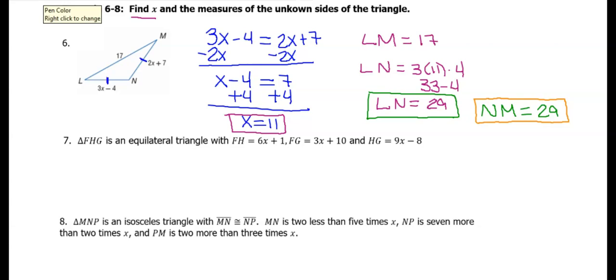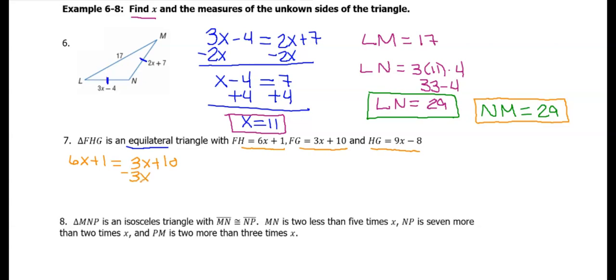On number 7, we have an equilateral triangle, which tells me that FH here, that's 6x plus 1, would be equal to FG, which is 3x plus 10, also equal to HG at 9x minus 8. They're all equal to each other. I only need to pick 2 of them, so I'm going to go ahead and pick my first 2 to solve. 6x plus 1 equals the 3x plus 10 is the one I'm going to choose.